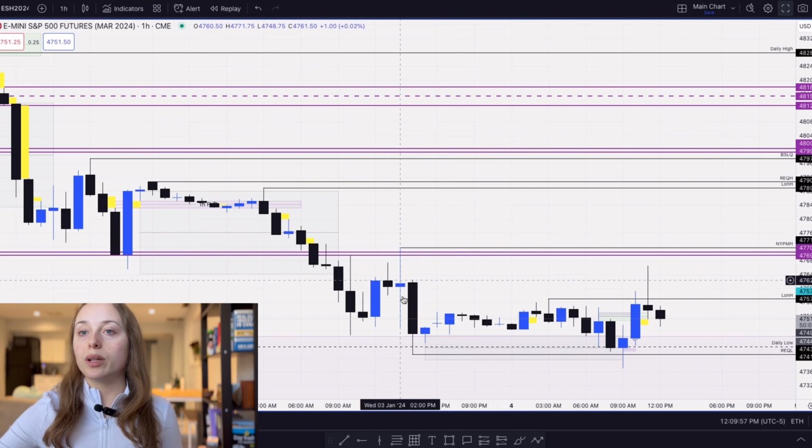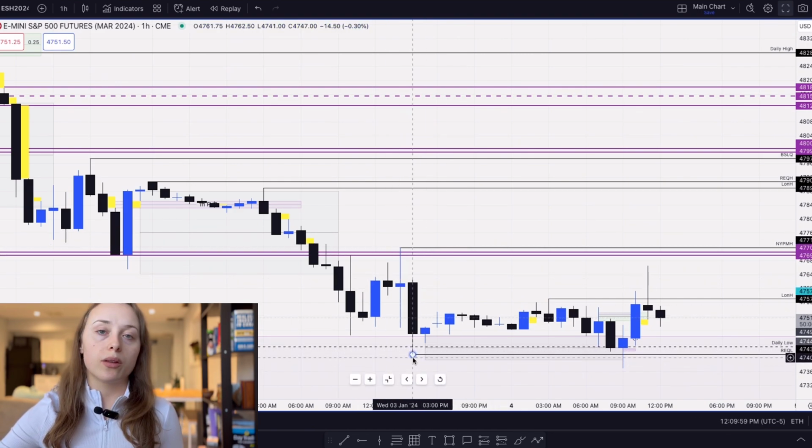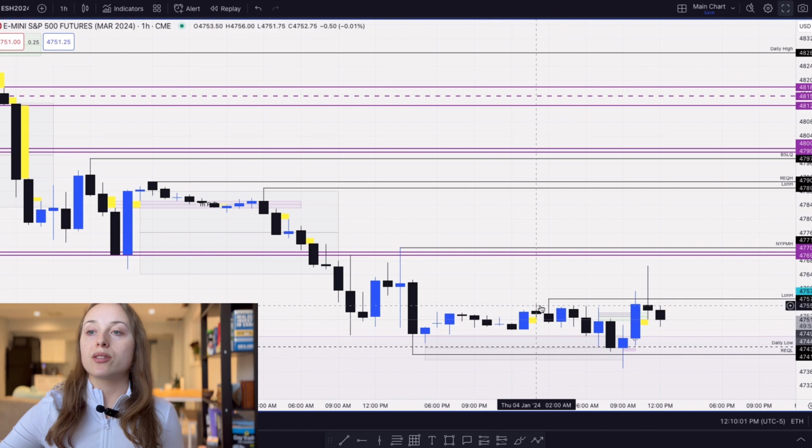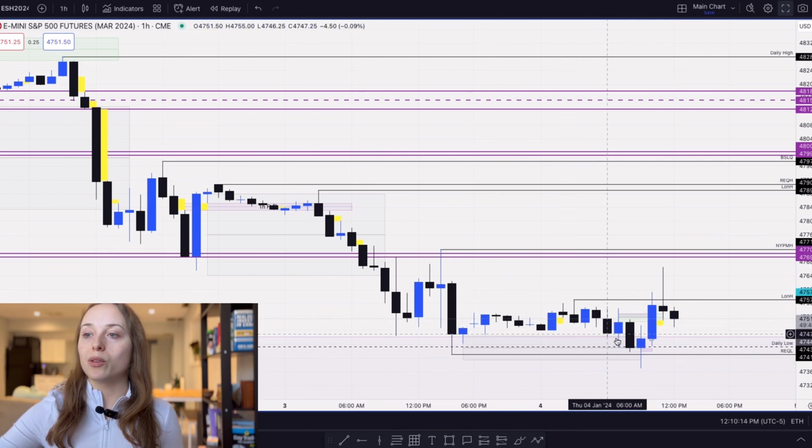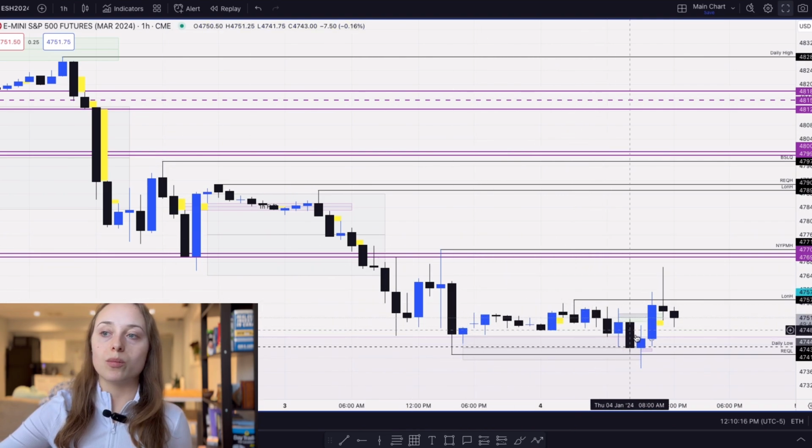Again, we took out that low at like 345, and then we consolidated. And we consolidated through London session too, because yesterday we can see London session had this nice move. Even the day before, London session had that nice move, but this morning, the London session didn't move very much.